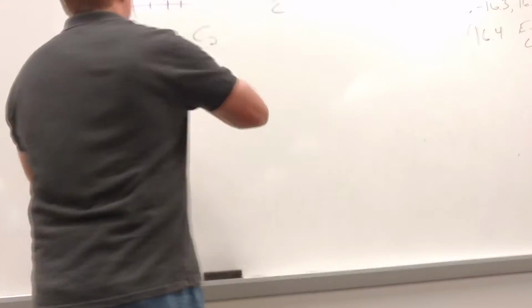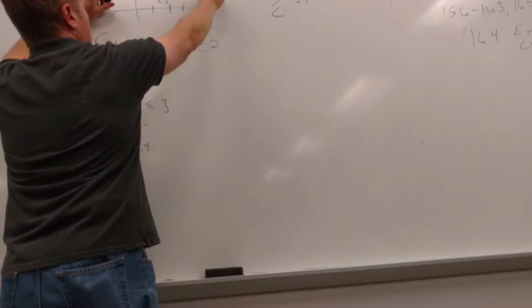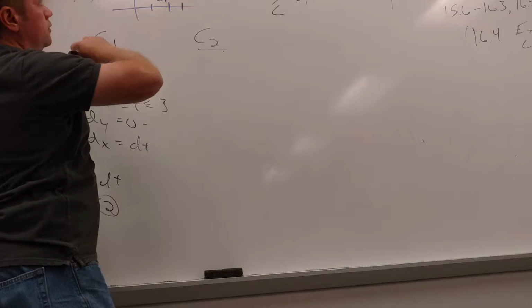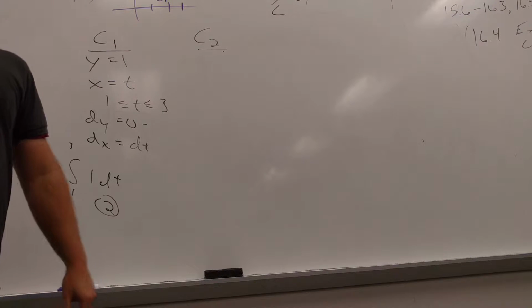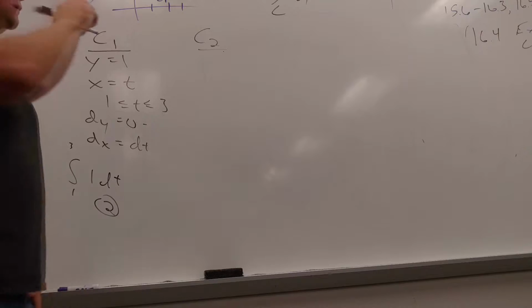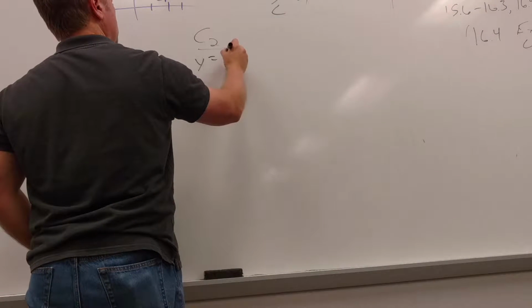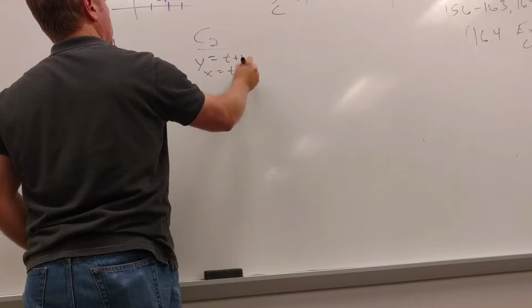All right, so who's got C2? C2 goes from 3, 1 to 2, 2. I got something, I think it's wrong. It's y equals t plus 1 and x equals t minus 1.